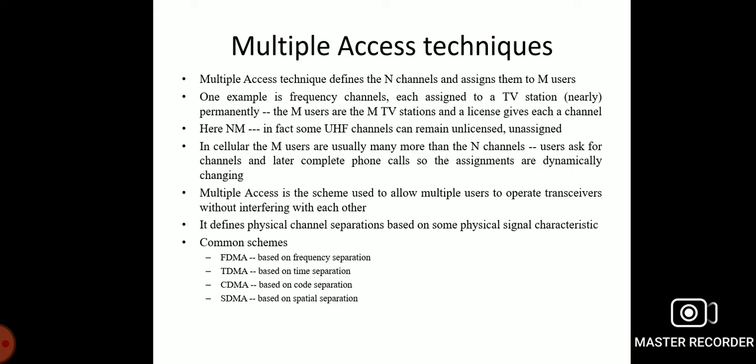For example, the radio spectrum. We know the radio spectrum is shared by mobile users simultaneously. The sharing may be based on frequency, on time, and also on code.